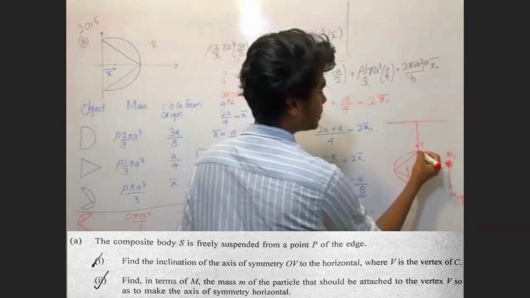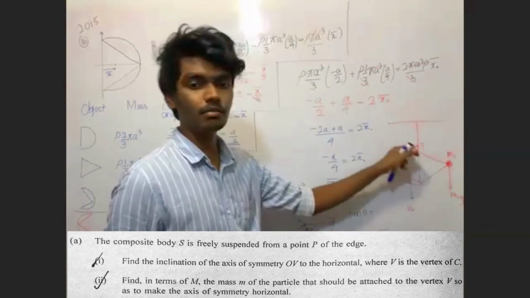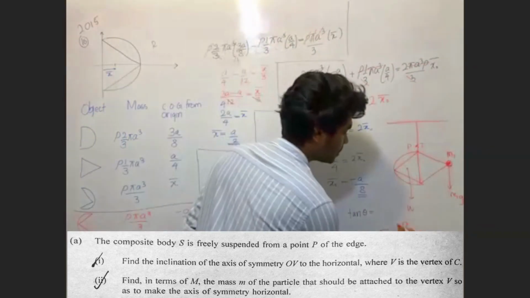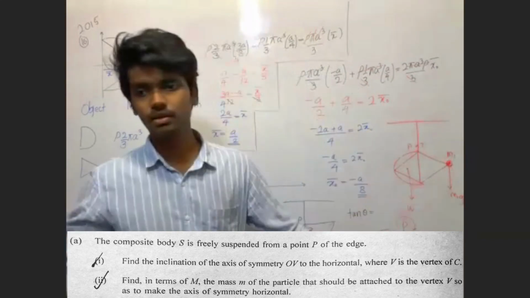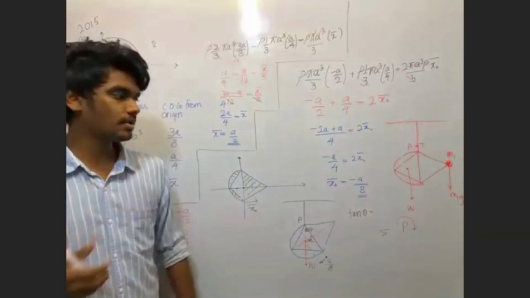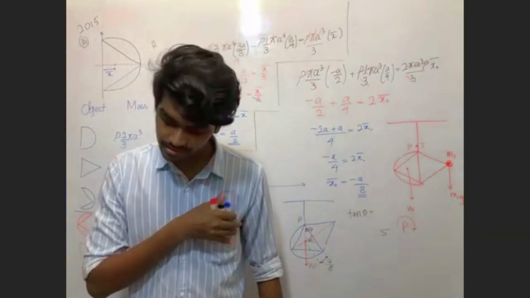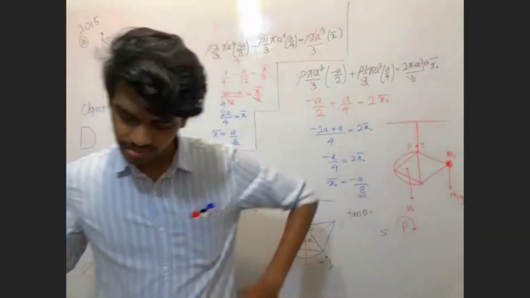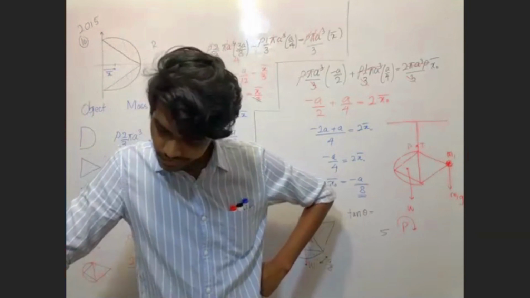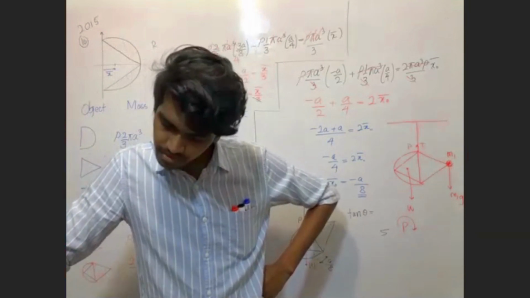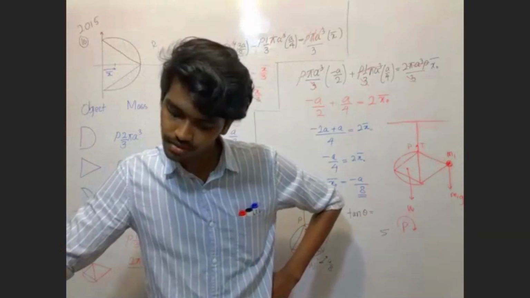So get a moment around P. If you need to find M1, get a moment around P. So W in this direction, N in that direction. You are going to get M1. Right? So it's going to be pretty much easy. And then the rest of that is also kind of easy, the B part, right? Yeah, it's also not that hard. So, you can try it on your own, right?